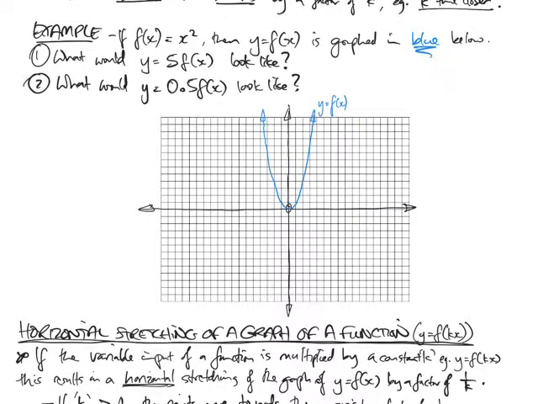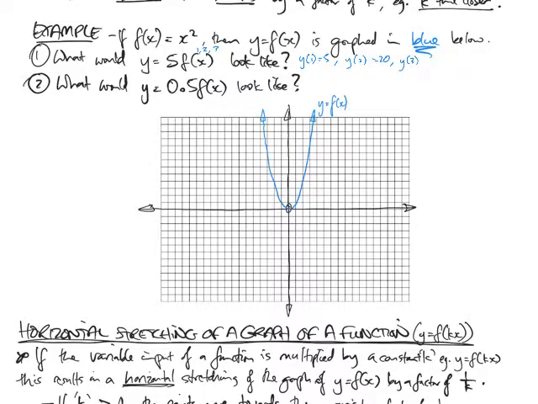To be mathematically accurate about that, we need to decide on some points for this. So if x was 1, I'm going to substitute a whole bunch of values of x into here so I can draw the graph. So the first one, y if x is equal to 1, is going to be 5 times whatever 1 squared is. So it's going to be 5. Y when x is equal to 2 is going to be 5 times whatever 2 squared is, which is going to be 20.